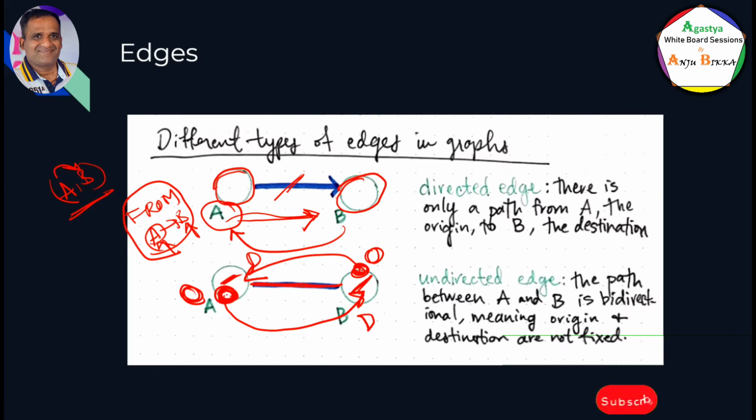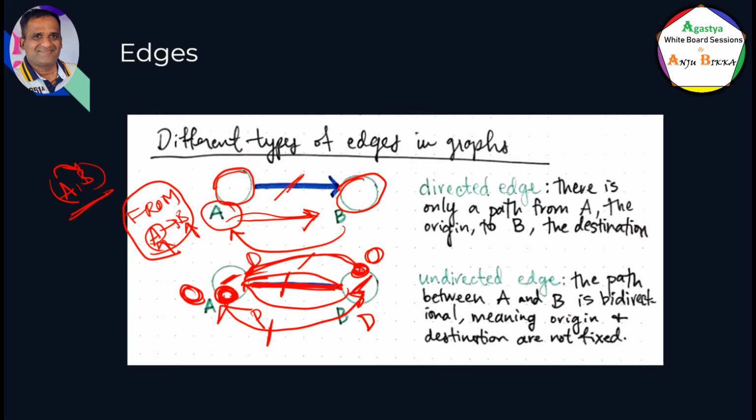There is a path from A to B, and also a path from B to A, the same path. It's not two paths, it's one path. For understanding purposes I drew two edges, but it is one edge.